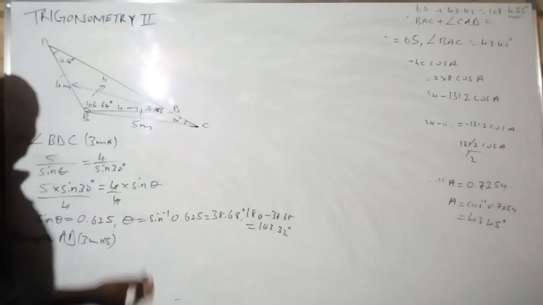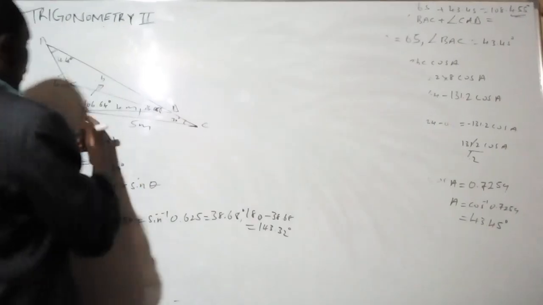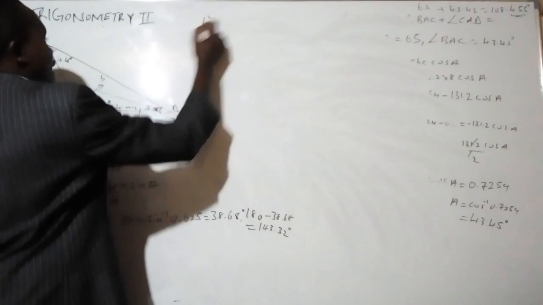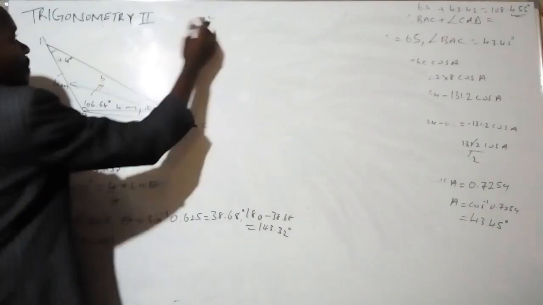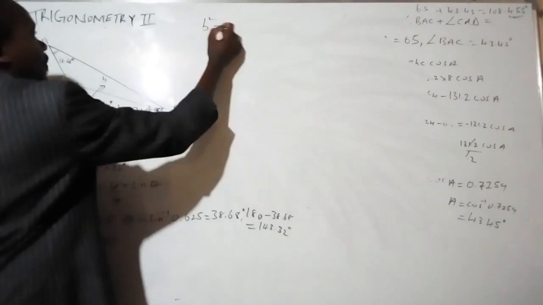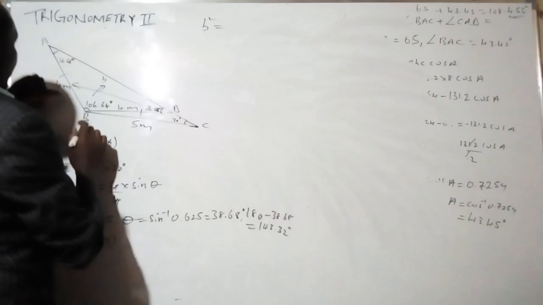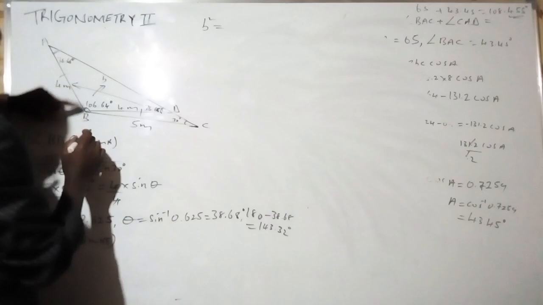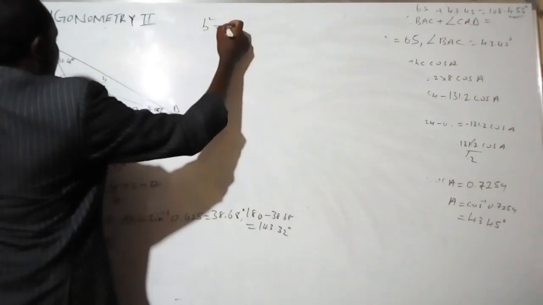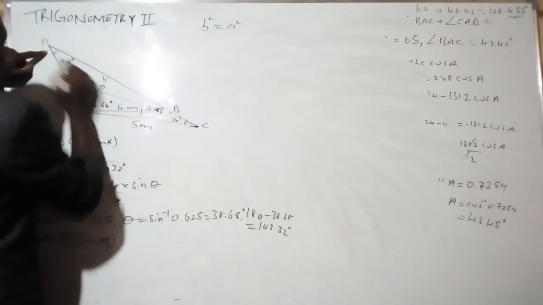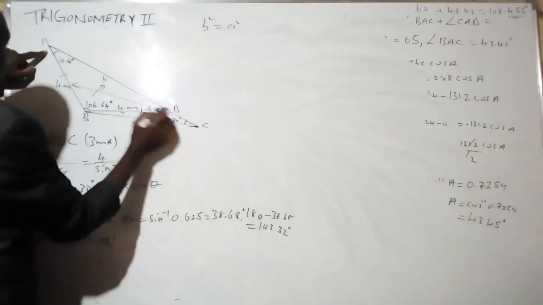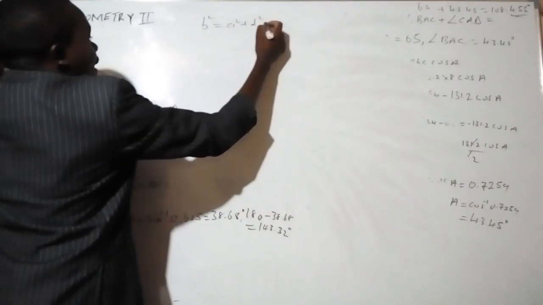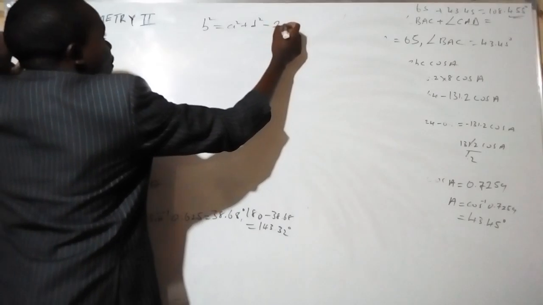B squared, B is this side AD, is equal to A squared, and A goes with this side, plus D squared, minus 2AD cos B.